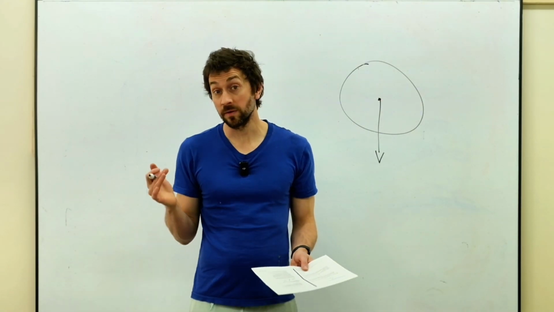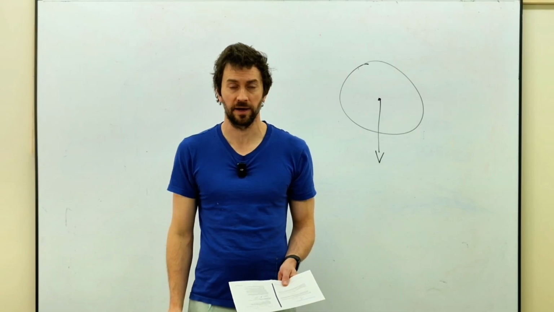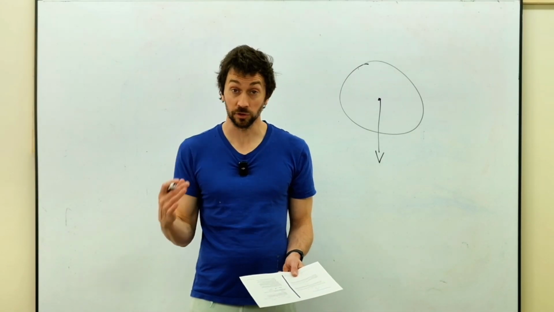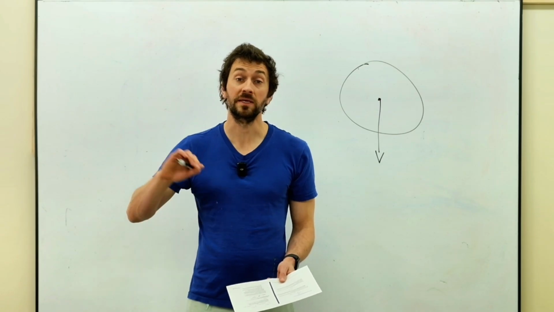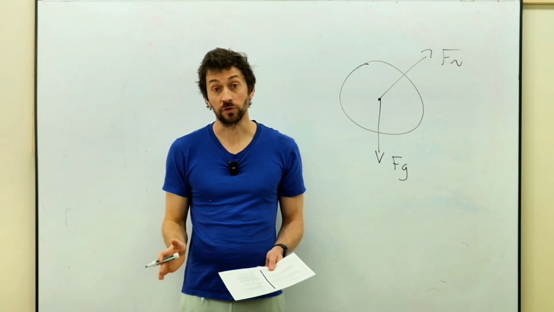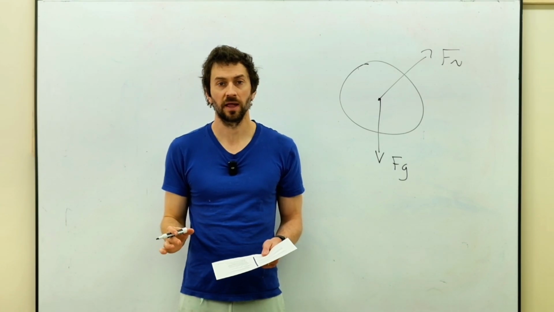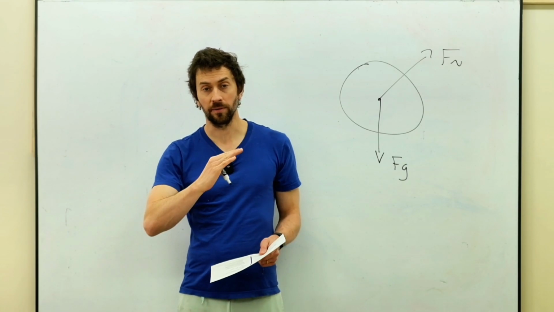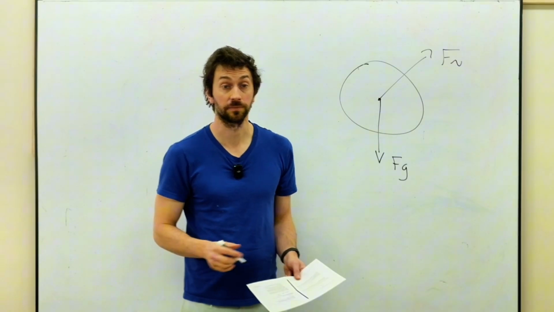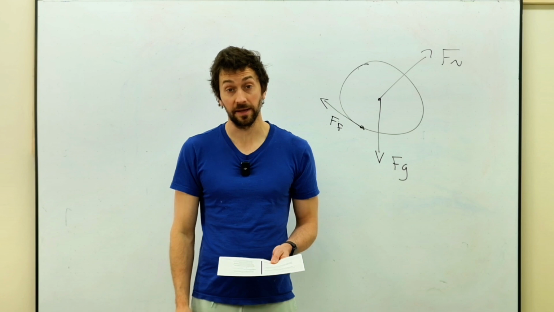We should draw this coming from the center of mass, just like with all our free body diagrams. And then we should have the force of normal, and that's going to be perpendicular to the surface, so at an angle. There's also the force of friction. Now, the force of friction doesn't come from the center. It's actually along the bottom. It's going to be parallel to the motion. Okay, so far so good. So the first part is actually drawing a free body diagram.